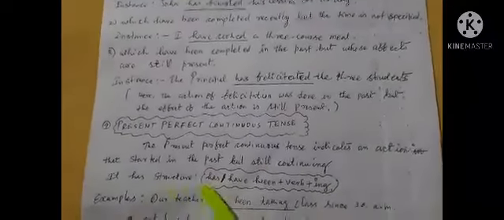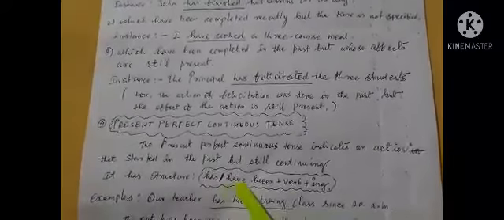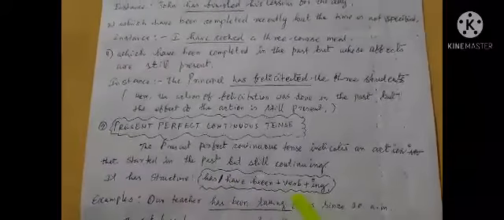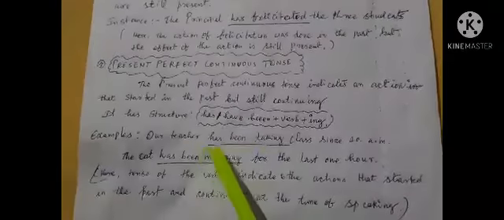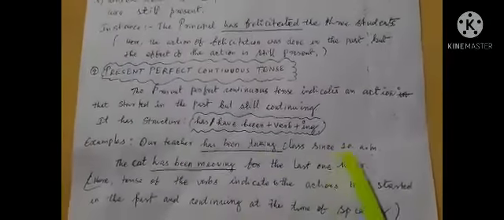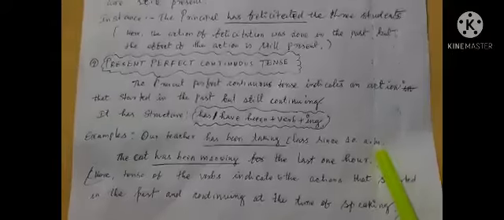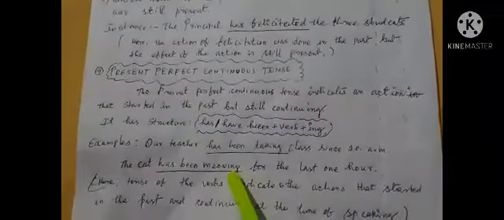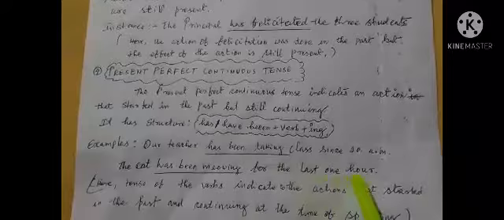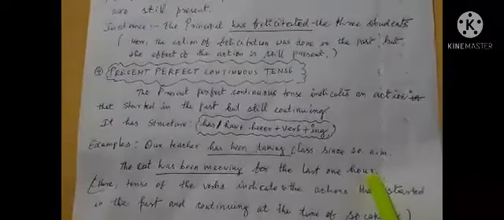It has the structure has or have been plus verb plus ing. For examples, our teacher has been taking class since 10 a.m. The cat has been mewing for the last 1 hour.